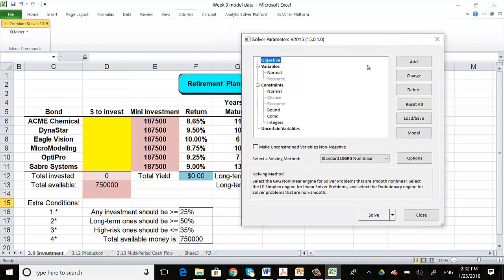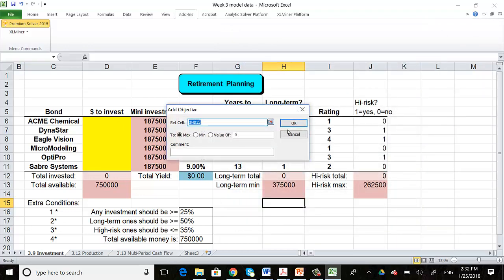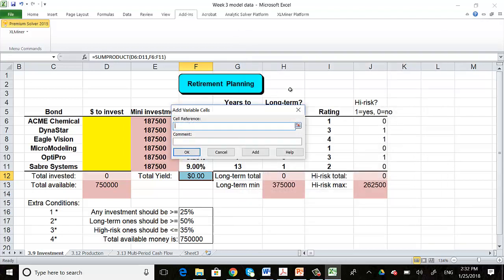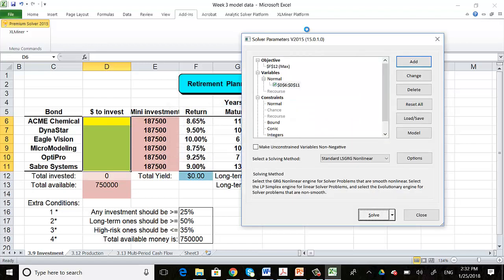The objective, we want to maximize. Okay, we want to maximize the objective function, the blue one, by changing all those yellow shaded ones. Those are the decision variables. Okay.